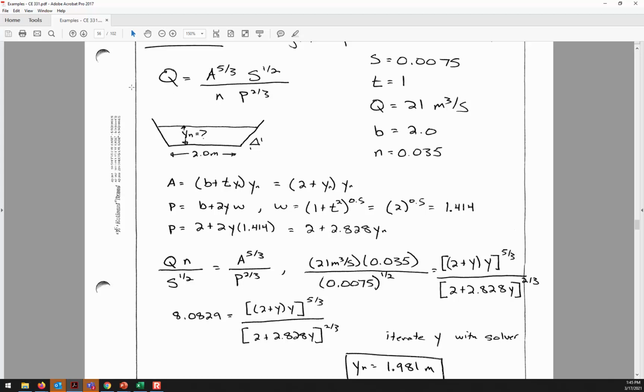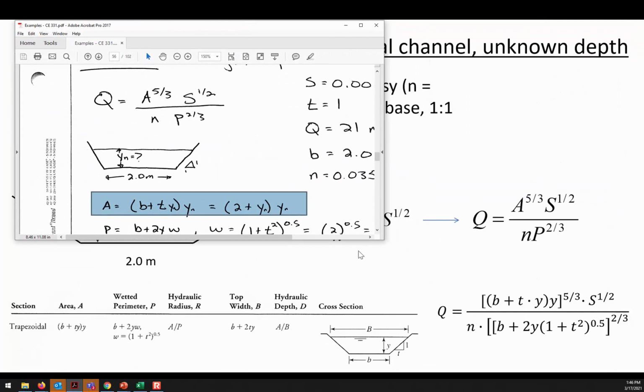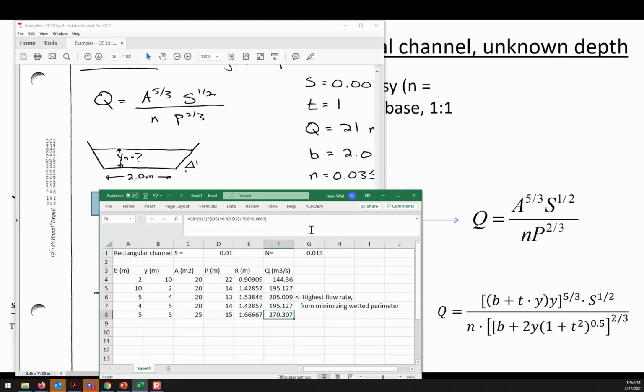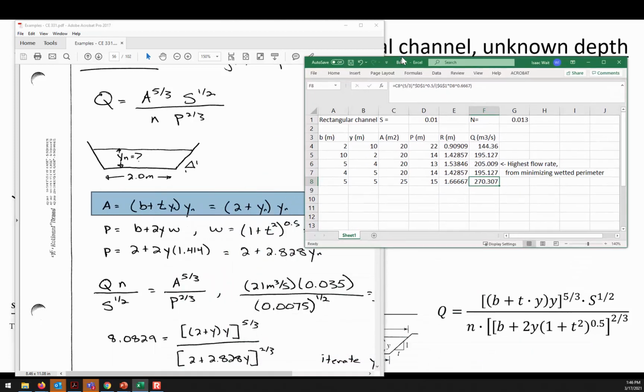So now remember, if we don't want to use a solver in a calculator, the way that we can solve this with Excel is we want the left-hand side equal to the right-hand side. So here I've defined the area, the wetted perimeter, and so on. Let's see if I can just translate that into an Excel spreadsheet solution. If some of you did that, it may be the way that you're approaching things.